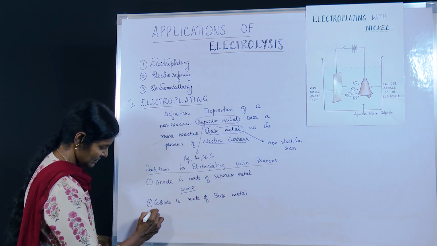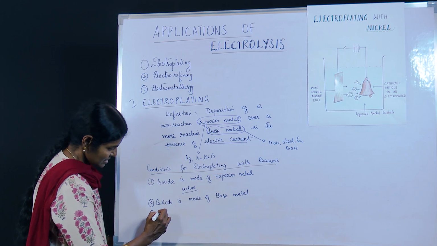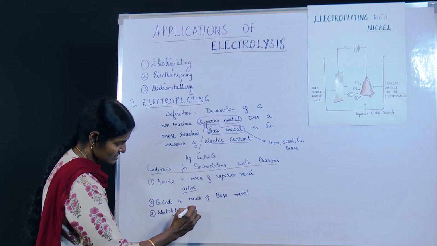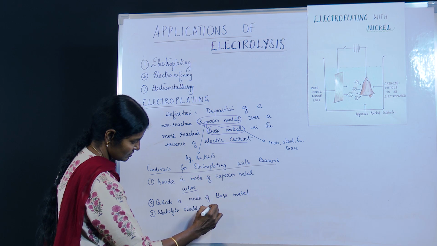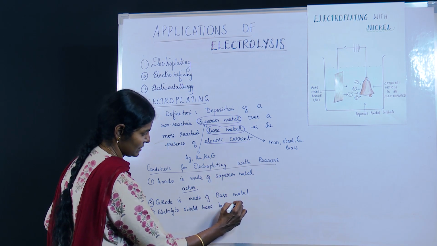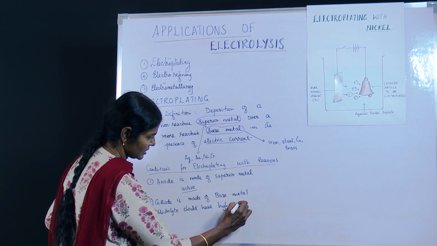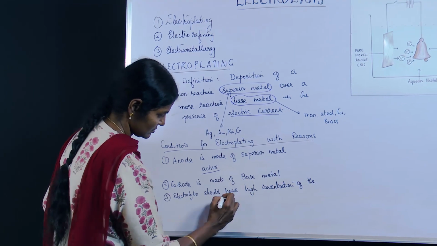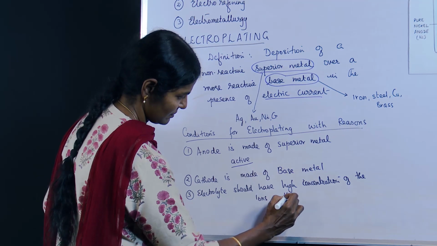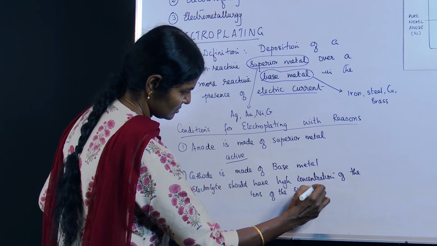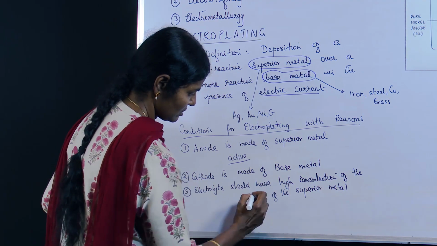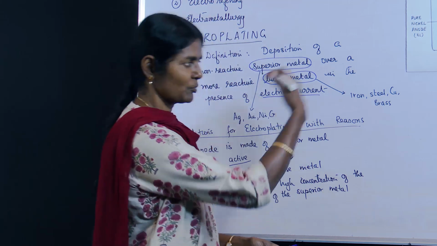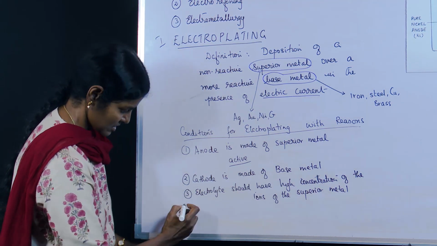Then the third condition is that the electrolyte should have a high concentration of the ions of the superior metal, because even if the position is different, the concentration can always pull it and get it deposited.